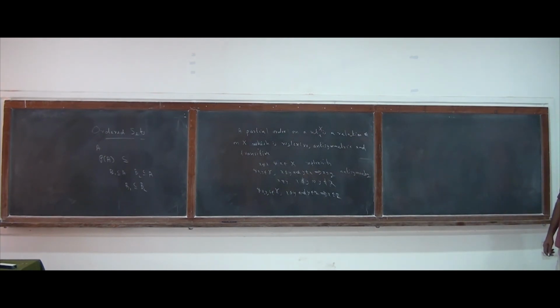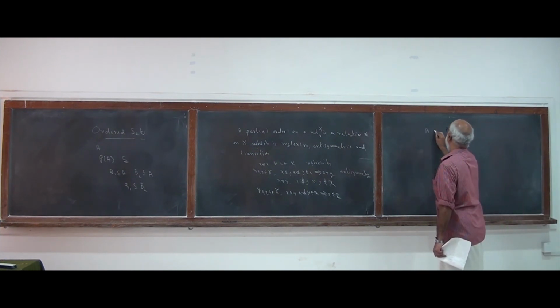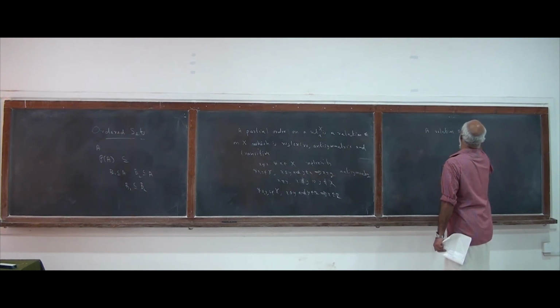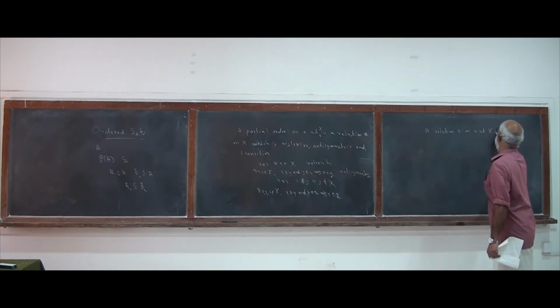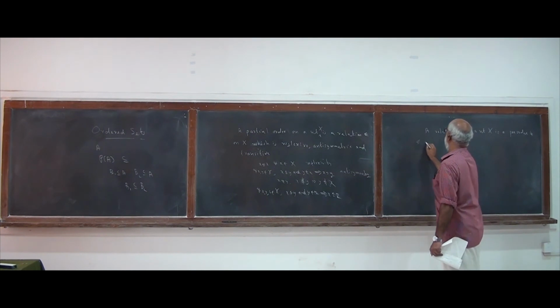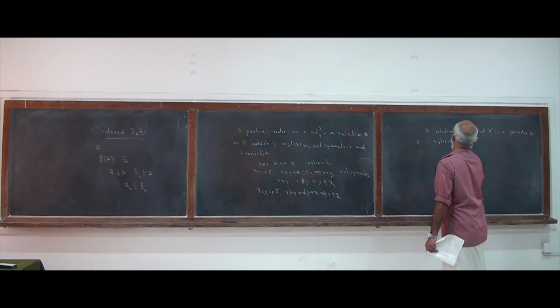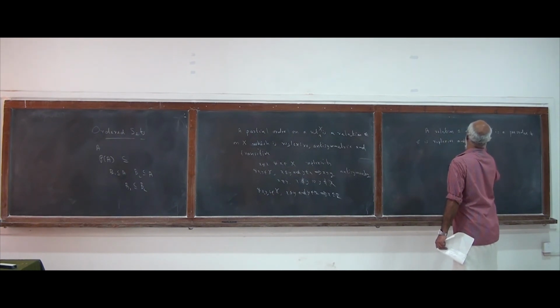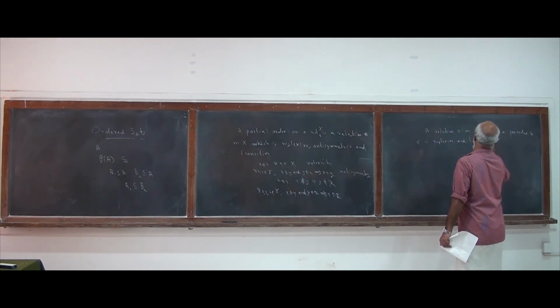In fact, there is a weaker property called pre-order. A relation less than or equal to on a set X is a pre-order if it is reflexive and transitive.